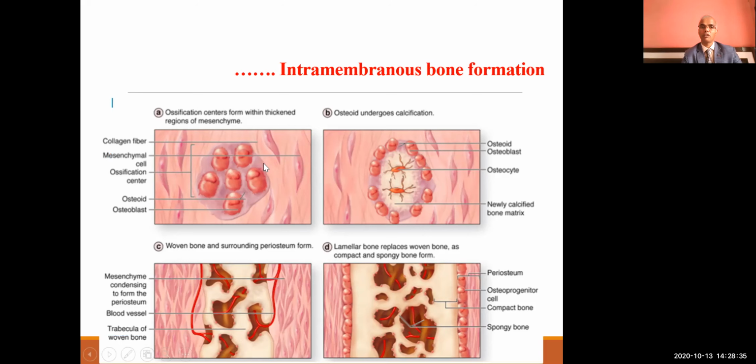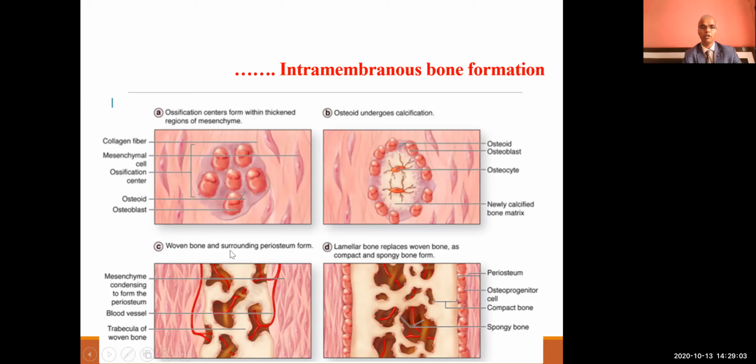Then, after the formation of osteoid matrix, it undergoes calcification. Some osteoblasts are entrapped during the calcification, called osteocytes. These are newly formed calcified bone matrix, called woven bone.